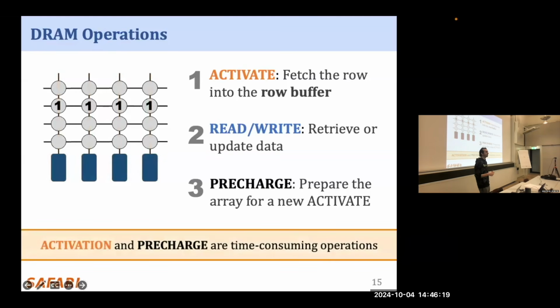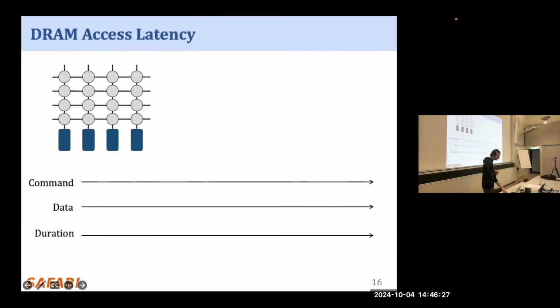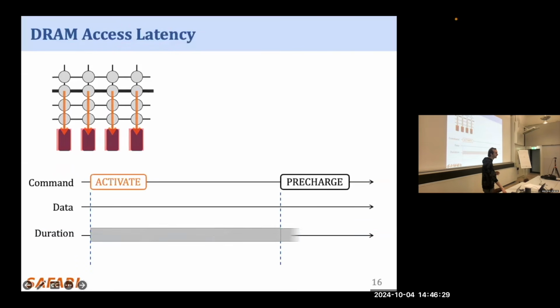Activation and precharge operations take time because the sense amplifiers need to read the charge in the DRAM cells and restore them while doing these operations. So DRAM manufacturers set timing parameters to make sure that the data is being accessed correctly.